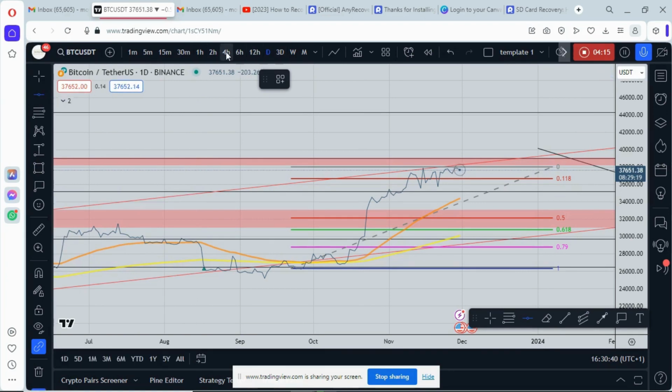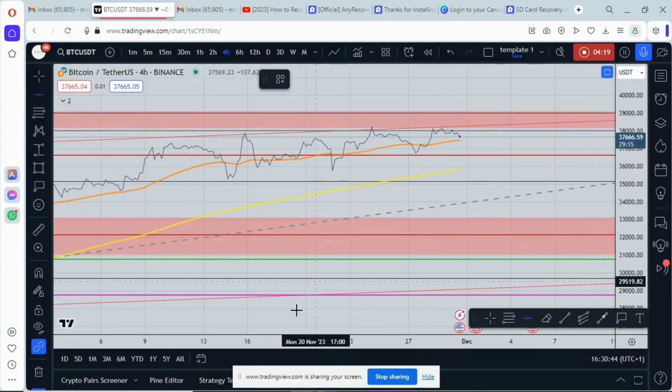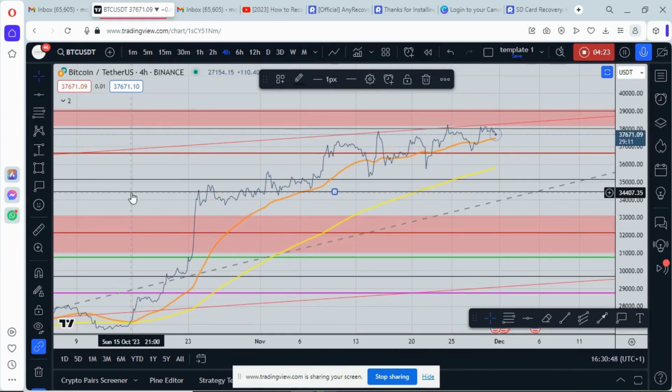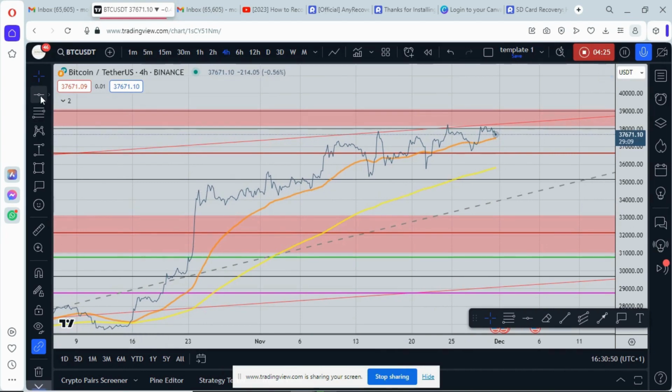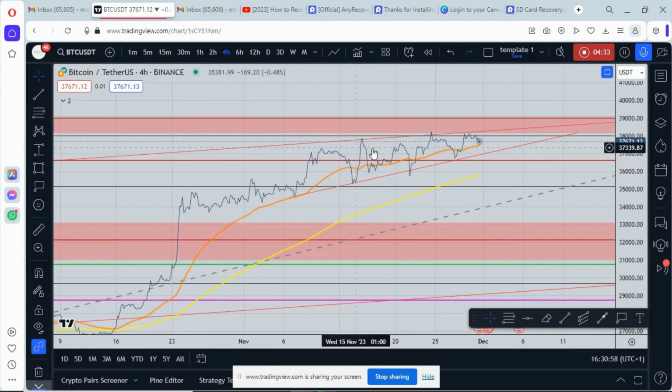So from my daily time frame, I move down to my 4 hours time frame. Now in my 4 hours time frame, every candle forms every 4 hours. So what do you think is happening on this chart now? I pick my trend lines. If I start connecting this together, it looks more or less like an ascending triangle.